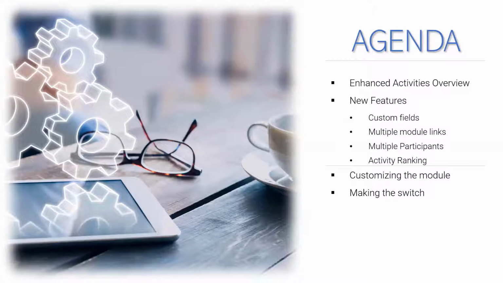Okay, the development team will do it overnight, or you can give them a specific date that you'd like it done. And all the activities that you currently have, nothing is lost, everything is switched over. And the next morning when you go in, you're in the new module. The only thing you would need to do, if you're an Outlook plugin user, is install the plugin that is appropriate to the enhanced activities.